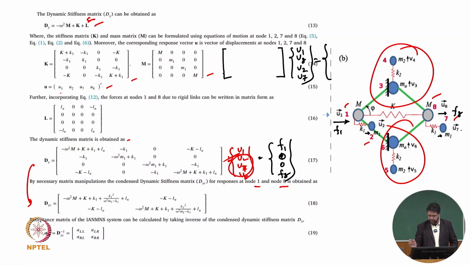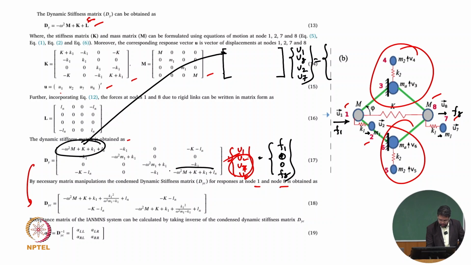So here F1 and here F8. F8 also needs to be in the opposite direction. This way we can write that. Once we have written it that way, what happened? This will go in the second one, like 1, 2, 3, 4, 1, 2, 3, 4.